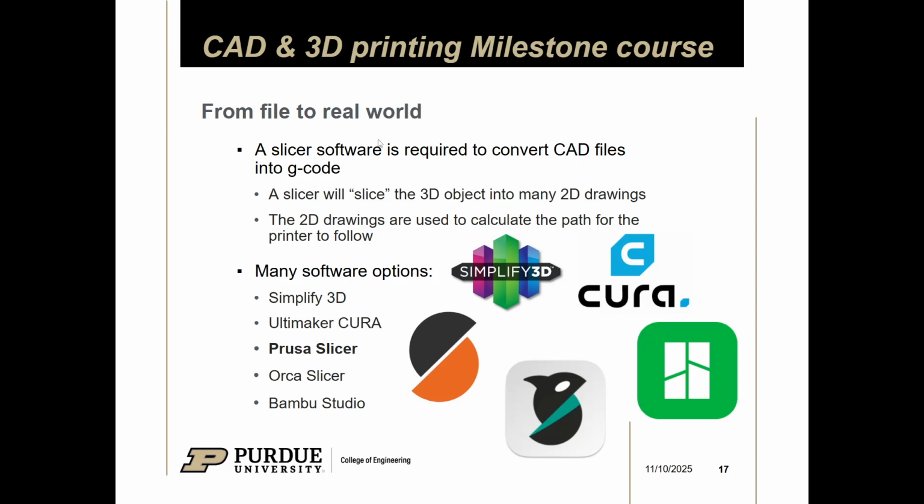Like I was saying before, you will use a slicer to convert your 3D model into a set of instructions for your 3D printer to listen to. You'll take your model, cut it into a bunch of slices, and then it'll create a toolpath for your prints to follow. We're using Prusa Slicer today, but there's a bunch of other options out there.